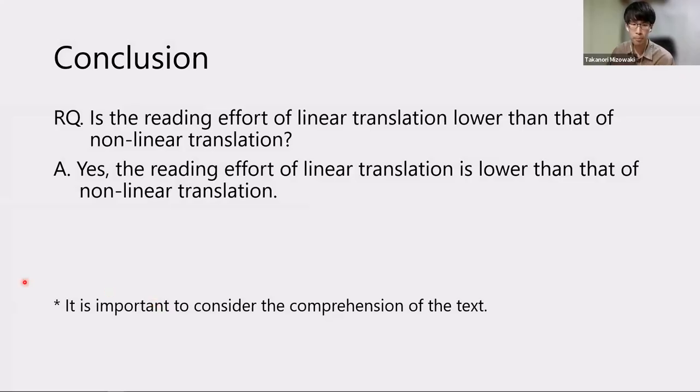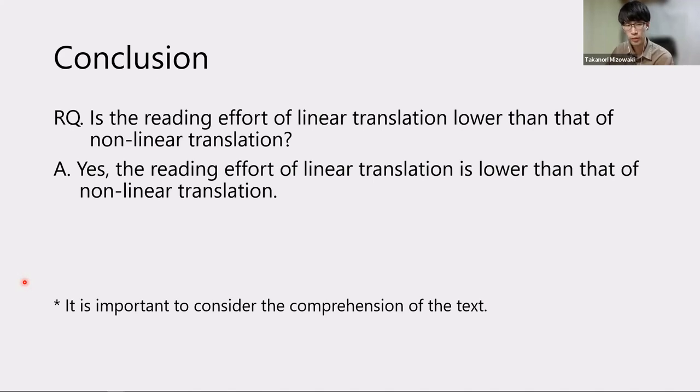So I will briefly summarize the findings again. Until now, there have been no empirical studies on whether linear translation in English to Japanese translation really reduces the effort for the reader. So we prepared linear and non-linear translations, asked readers to read them, and measured their cognitive effort.